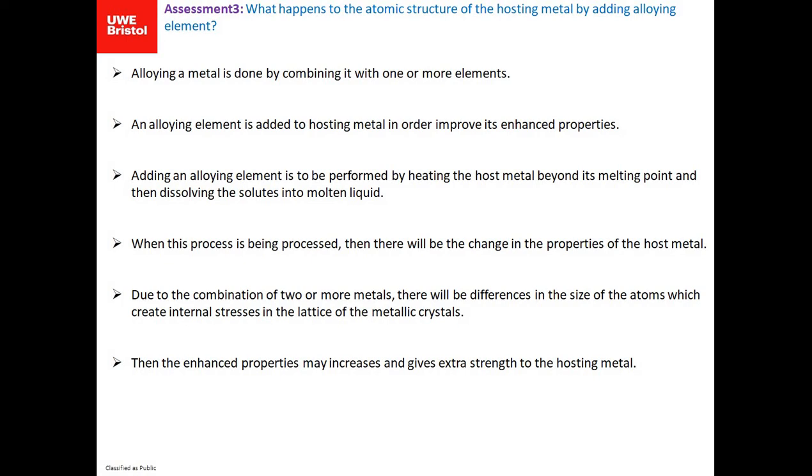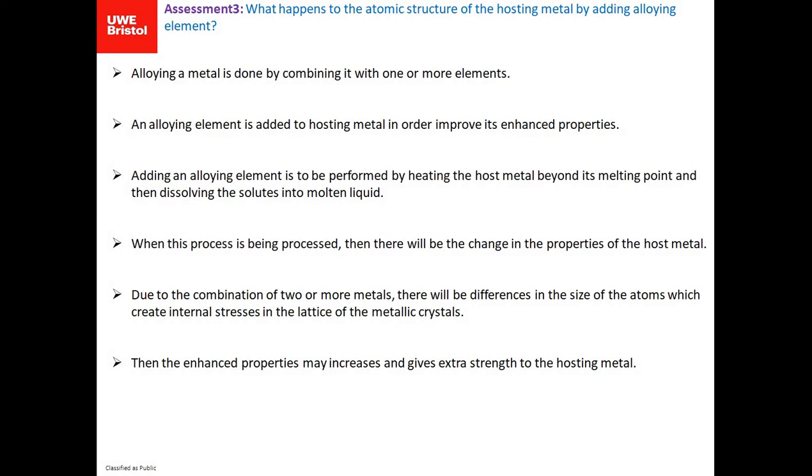It is added in order to improve its properties. A single element can't exhibit every property, but whenever an element is added to it, it can exhibit a combination of properties. That's the importance of adding an alloying element.